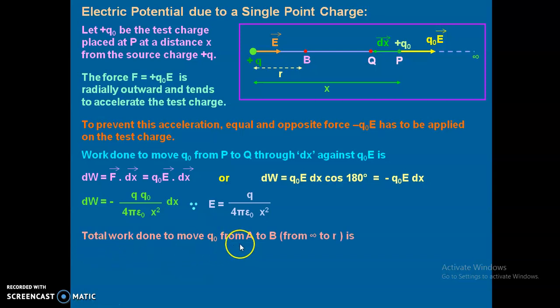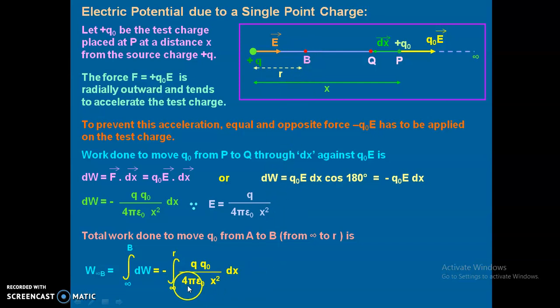So total work done to move q naught from A to B, or from infinity to r, is W infinity to B. From infinity to this point B we have to move, integration of dW from infinity to B, and we'll put the value of dW from here, q naught upon 4 pi epsilon naught x square dx, from infinity to r, because the charge is situated at infinity and we have to move this charge to a point r.